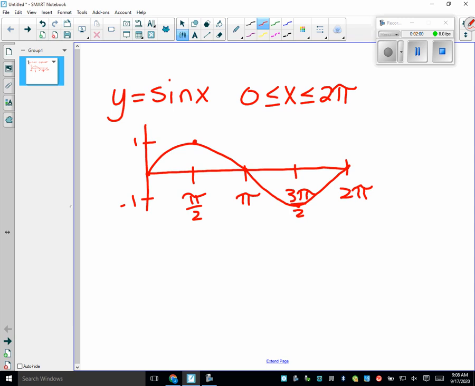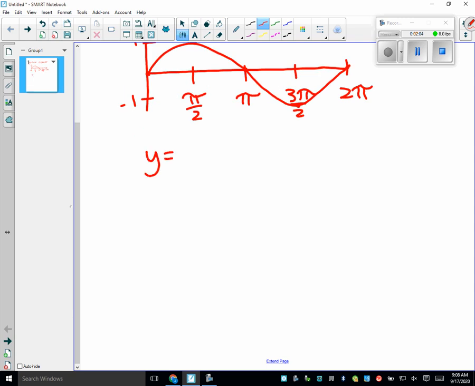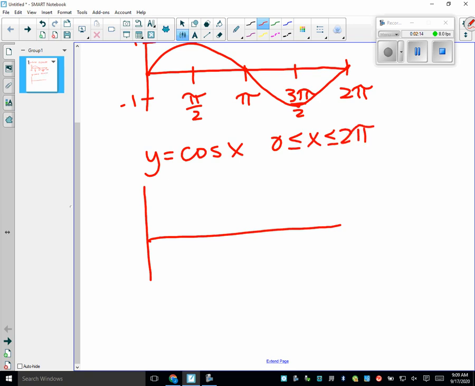Okay, what about y equals cosine of x? Do we mark it the same way? And it also says this, which just means the normal graph. We have a 1 and a negative 1.